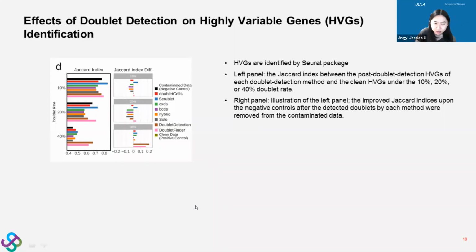Because the variation of those genes is not big enough, we do not trust it. We think it might be technical noise as opposed to biological variation. That's why highly variable gene selection is a necessary step in single cell data analysis. After you select those highly variable genes, any further analysis is based on that small number of genes, like hundreds of genes.